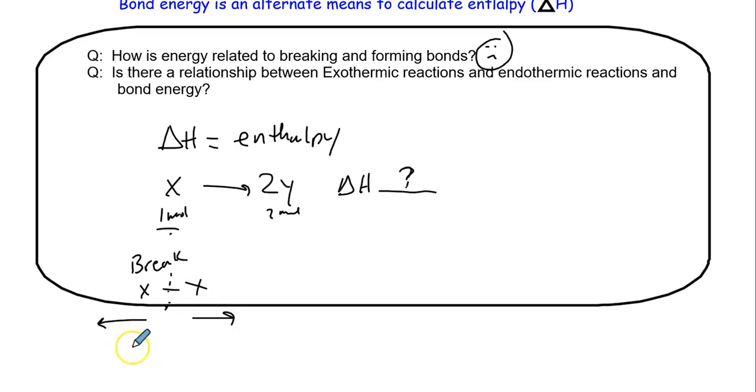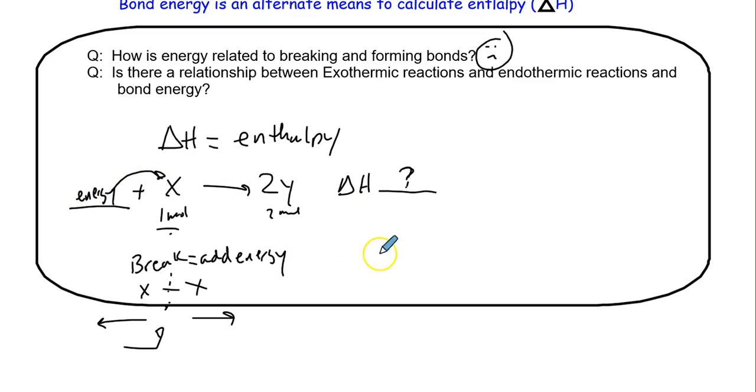With that being said, energy needs to be input. So anytime you break bonds, you need to add energy. That's going to be right here. You're going to add this energy that's needed to break these bonds.